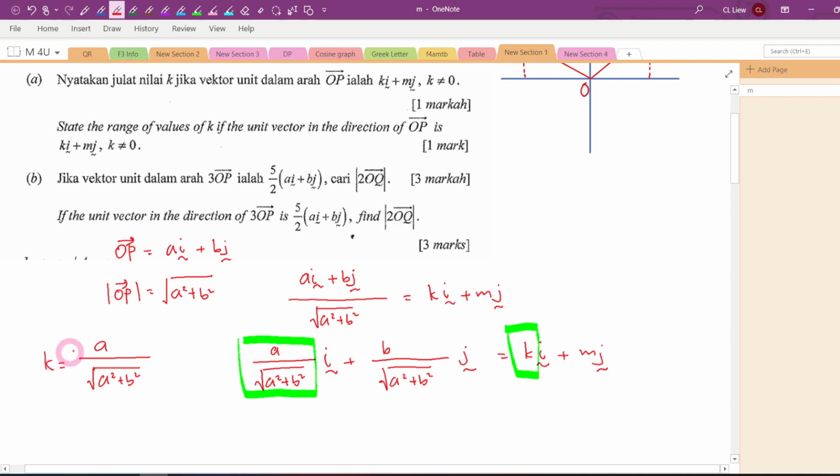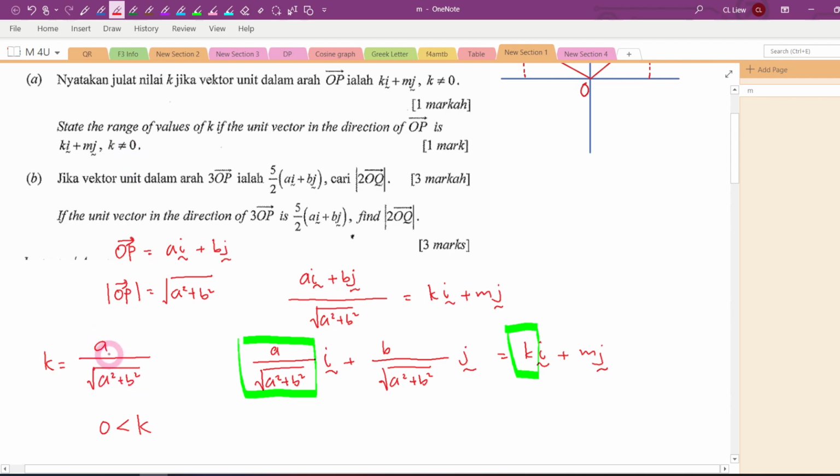It cannot be, because a is positive and the denominator will not be negative. So k definitely will be greater than 0. Can it be 0? No, the question tells us that k is not equal to 0, and since these are positive, you will not get 0 here.